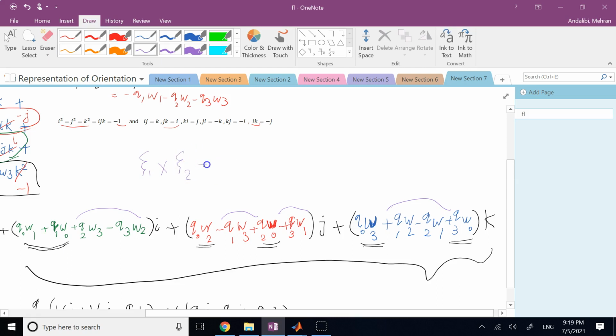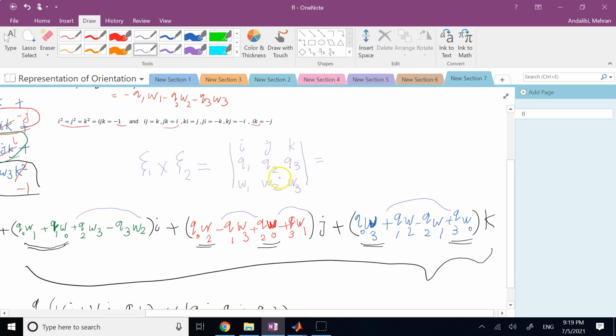What's the meaning of this? It means it's a 3 by 3 determinant. The first row are I, J, K, and I, J, K are these bases of complex numbers, not unit vectors. We are not doing any unit vectors. The first row goes the numbers of zeta 1, which are q1, q2, q3. The next one is going to be w1, w2, and w3.